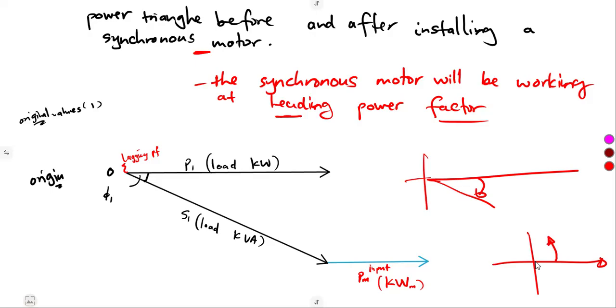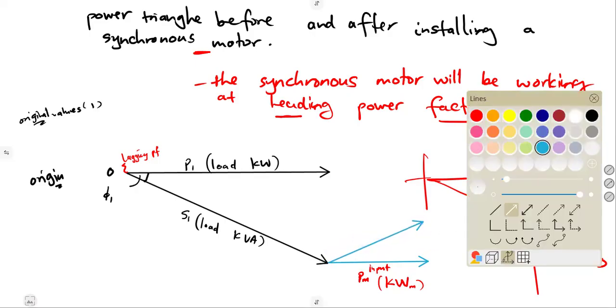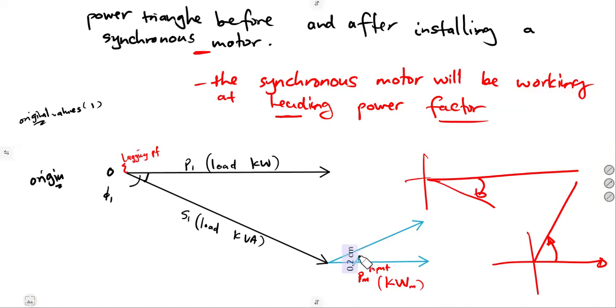This is the condition that we are going to have on a leading power factor. So the angle is going to be on top for this one. Just like our S, it is going to go this direction because it is on a leading power factor.